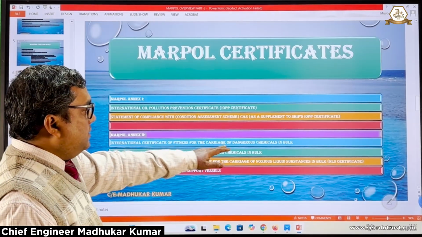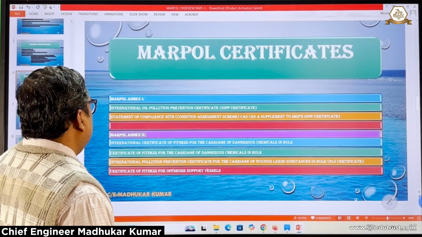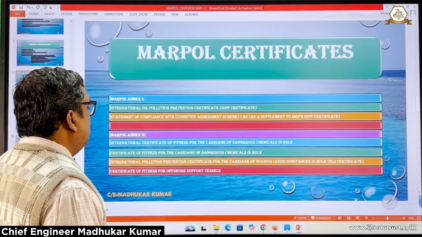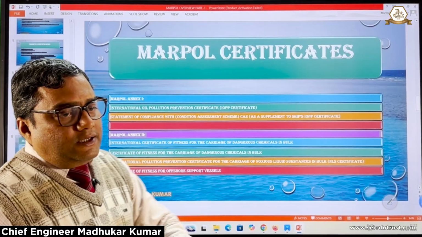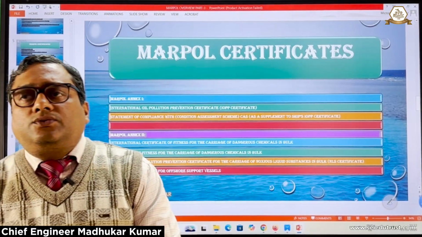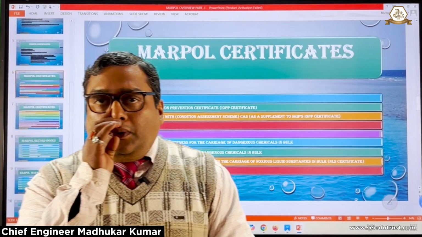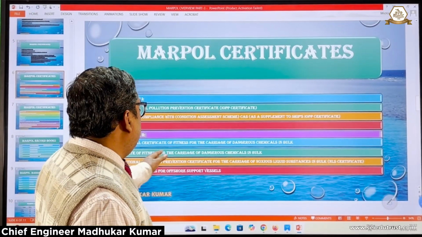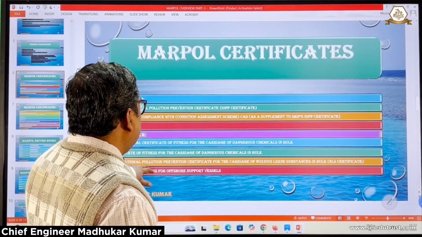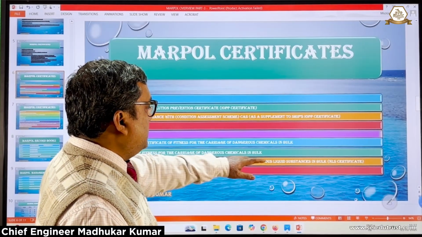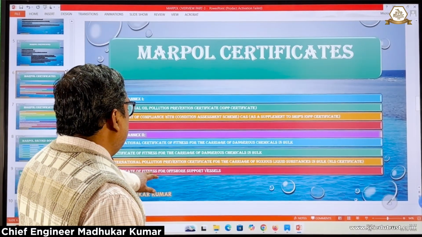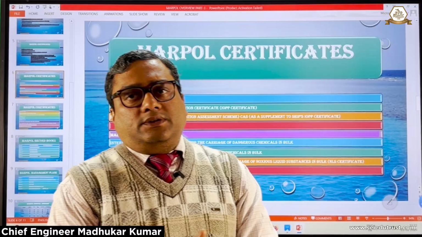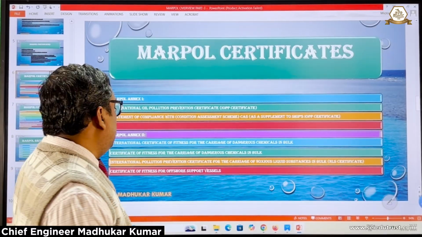Annex 2 we have seen already, the NLS certificate, certificate of fitness for the carriage of dangerous chemicals in bulk, but it is issued under the IBC Code, IBC Code Chapter 17 or 18. So this fitness certificate is issued under that. International Pollution Prevention Certificate for the carriage of noxious liquid substances is there, and certificate of fitness for offshore support vessels. Actually this COF is for offshore vessels, that is also under the IBC part.